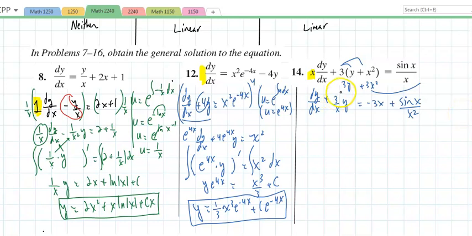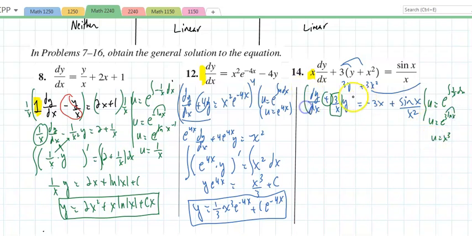So there's my p positive. u is going to equal e to the integral of 3 over x dx. u is going to equal e to the 3 natural log of x. u is going to equal x cubed.